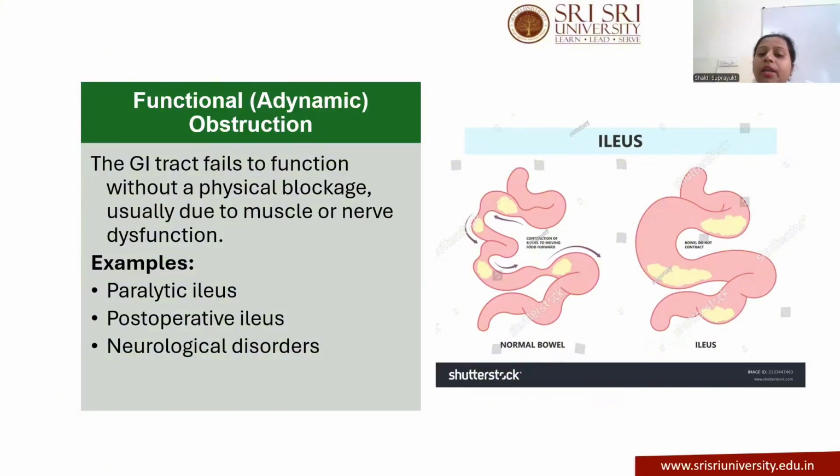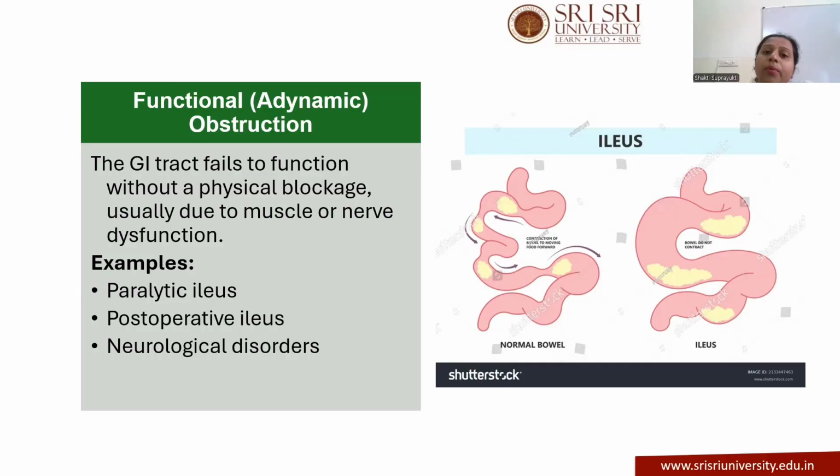Firstly, paralytic ileus is where the intestinal motility is reduced or absent. Secondly, postoperative ileus occurs after abdominal surgery. Then neurological disorder, for example, spinal cord injury, which disrupts the nerve signals needed for bowel movement.